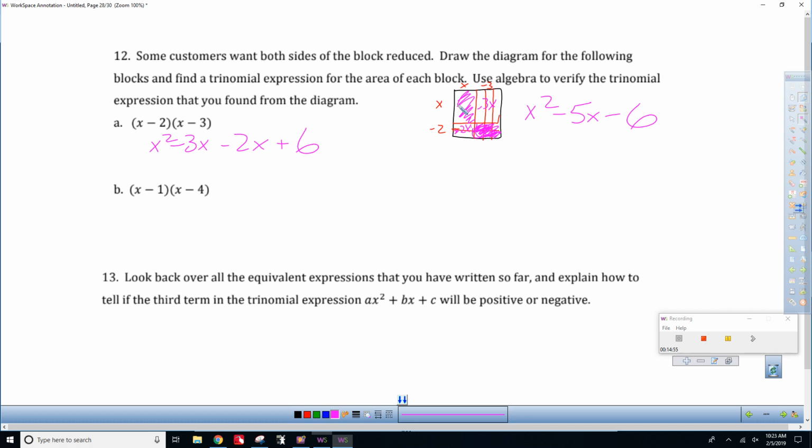All right, so what's this one? This is what you need to know how to do. We're still just foiling. x squared minus 4x minus 1x plus 4.